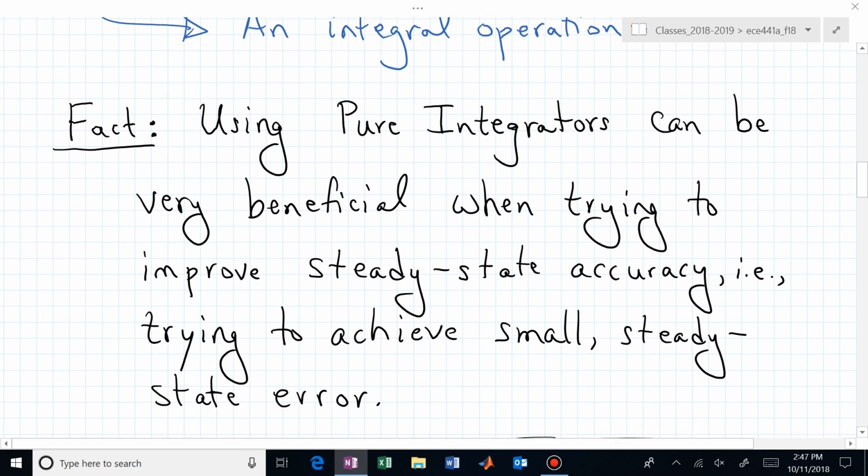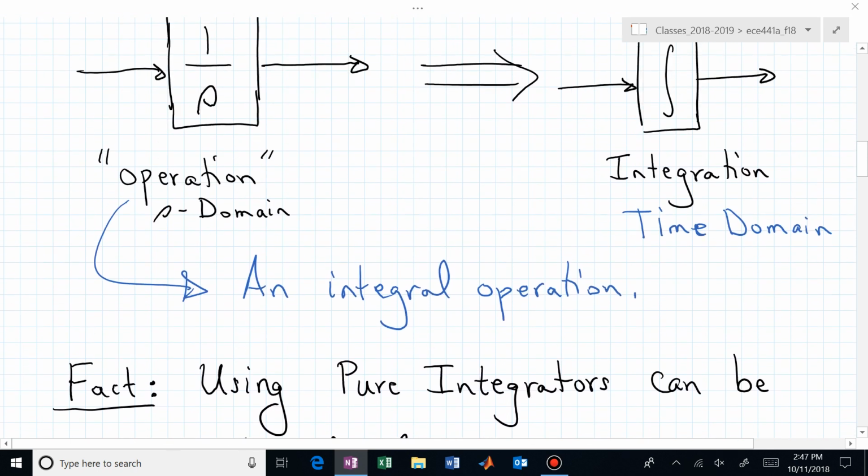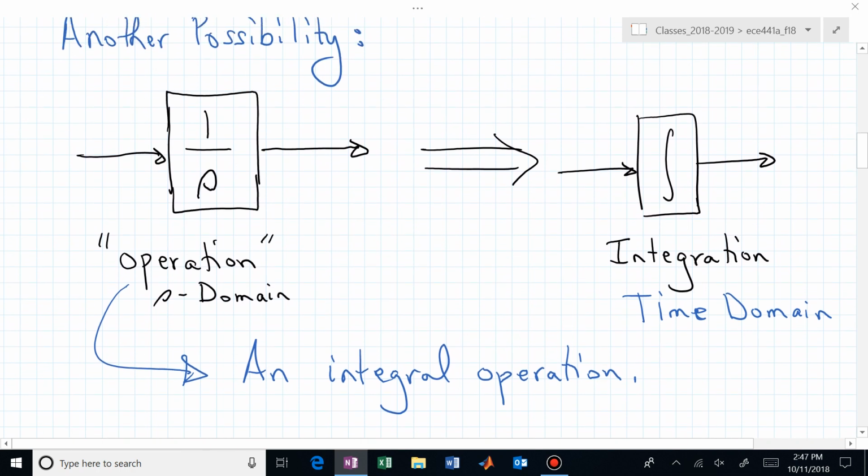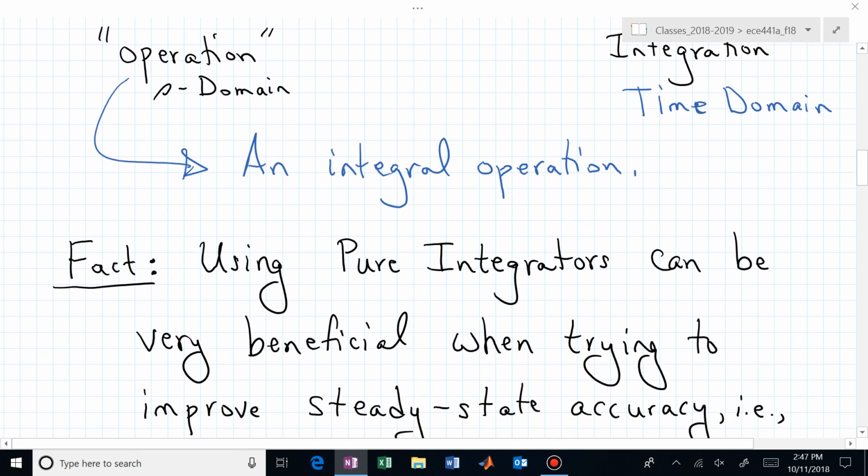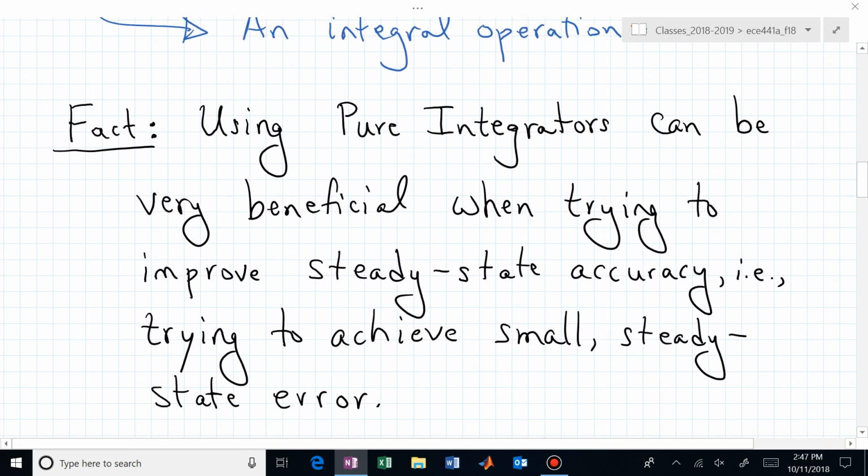Using pure integrators, meaning putting this 1 over s in your block diagram, can be very beneficial when trying to improve the steady state accuracy, or when you're trying to achieve small steady state error in the system.